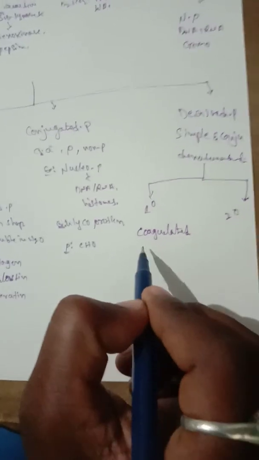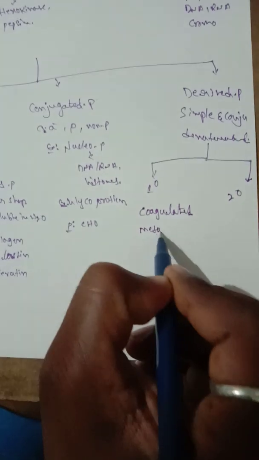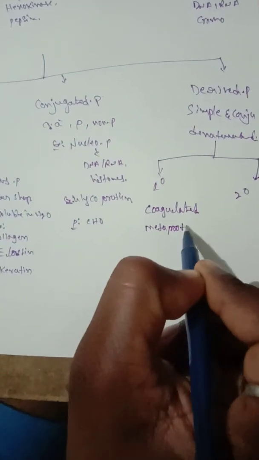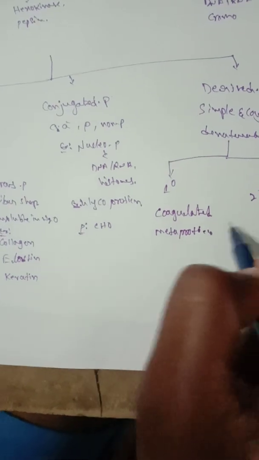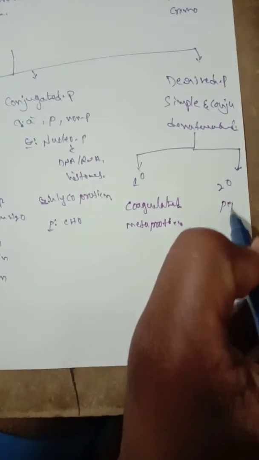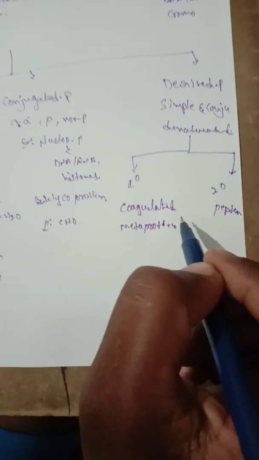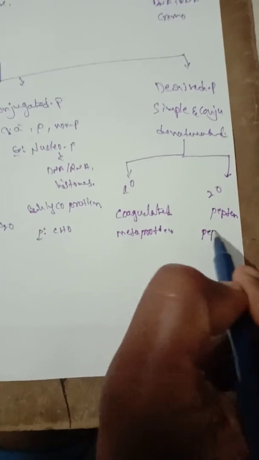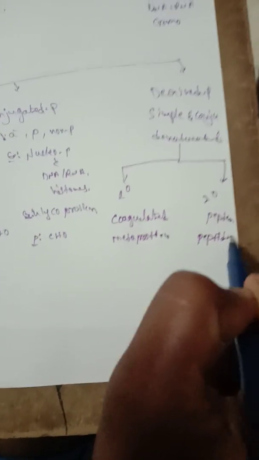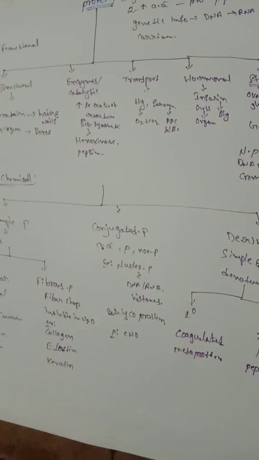The next one, metaproteins. Second one, examples are the peptones. The next one, peptides. So this is called a protein classification.